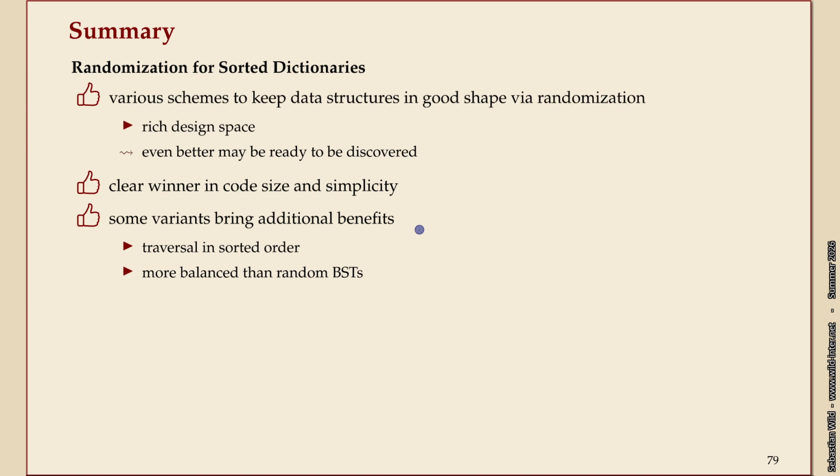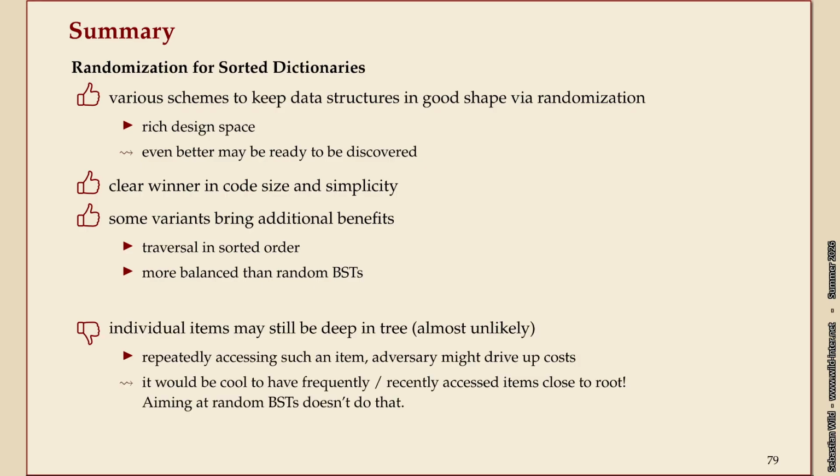On the other side, some individual elements might still be deep in the tree. And now sometimes applications are not so uniform in how often they touch things, and instead might have some favorite items, some heavy hitters that are touched most of the time, whereas other elements are only searched for very rarely.